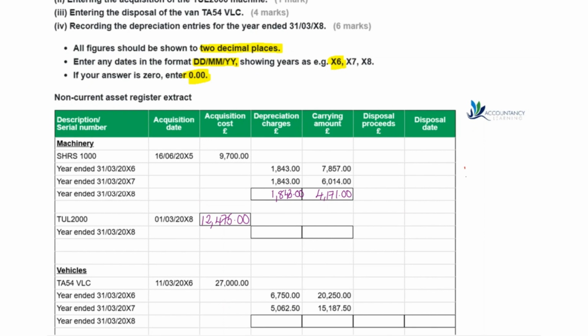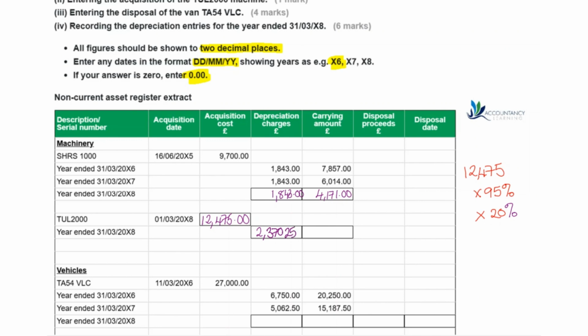So to work this out, we'll take 12,475 and we're going to multiply that by 95%, which would give us the amount less the residual value. And then we can then times that figure by our 20%, which is going to give us our depreciation value of 2,370.25.